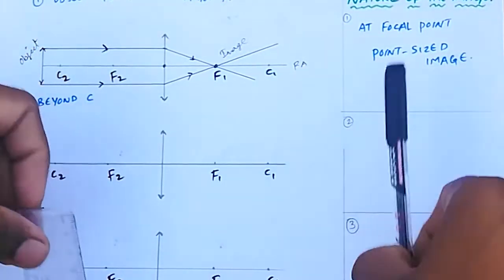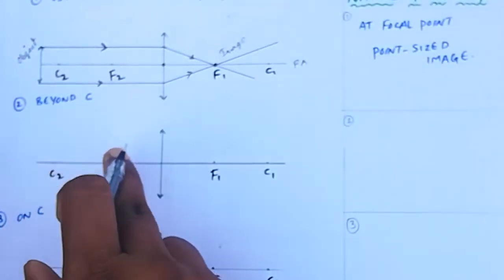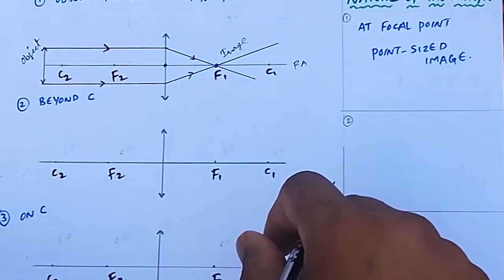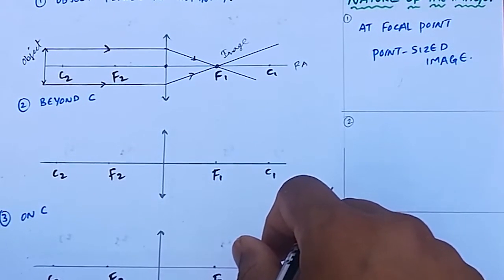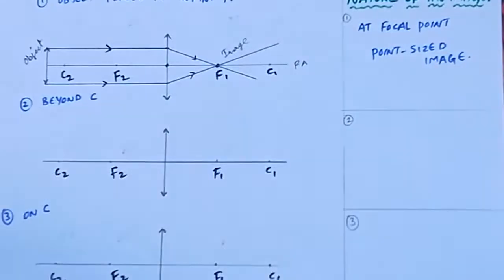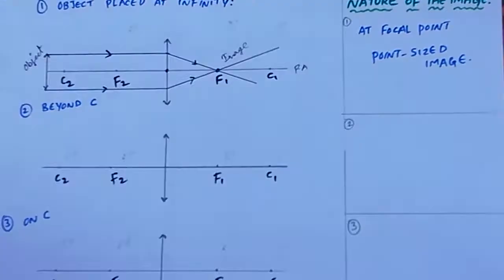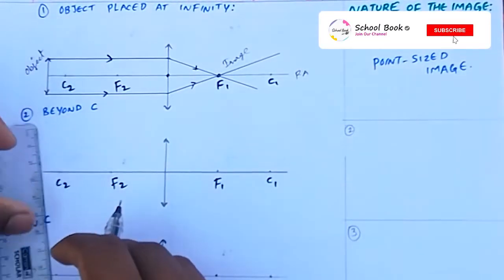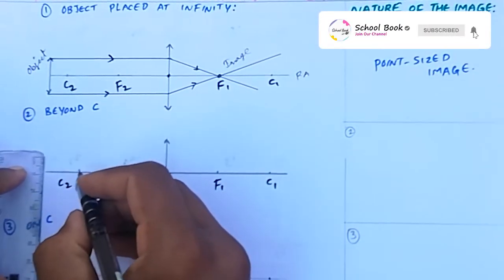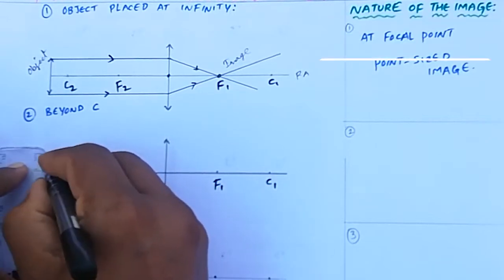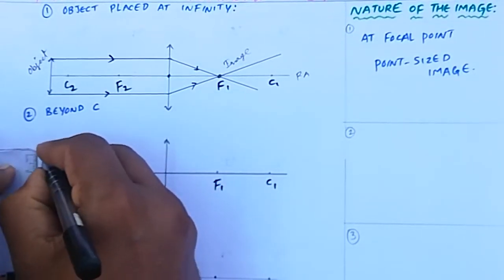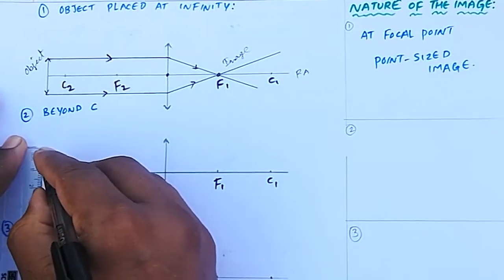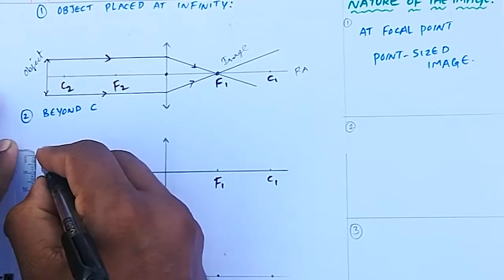Then now coming to the second position, beyond C. When the object is placed beyond C, we will draw what the image formation will be. Now beyond C, I am taking 1 centimeter length, using measurements which help you give a perfect diagram at a perfect position.